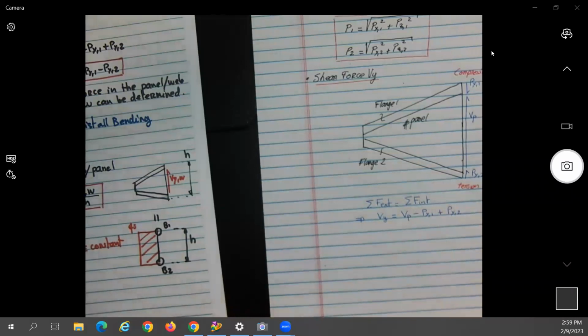Now maybe here, if you want, you can do the math, but I'd rather do it this way. Why did I put this one down? Because it's in compression, so I knew it needed to be negative. And here I knew this one needed to be positive, so I kept it positive.